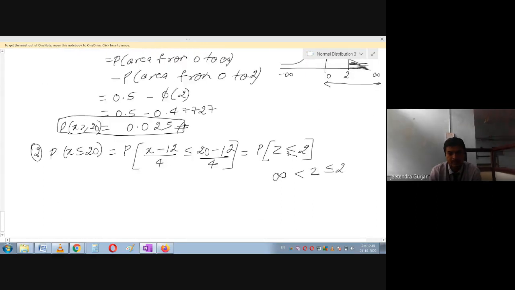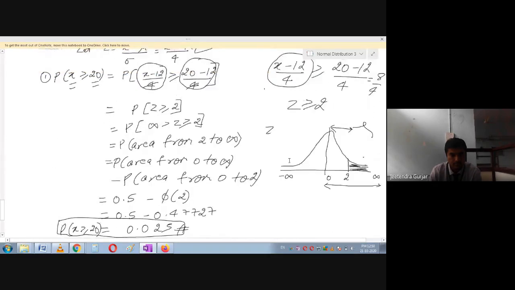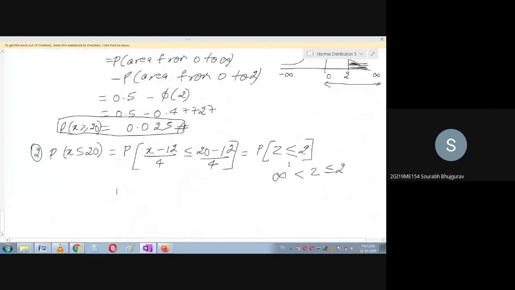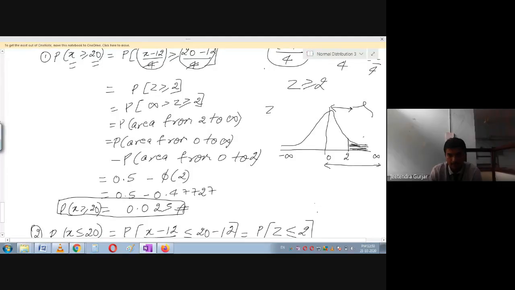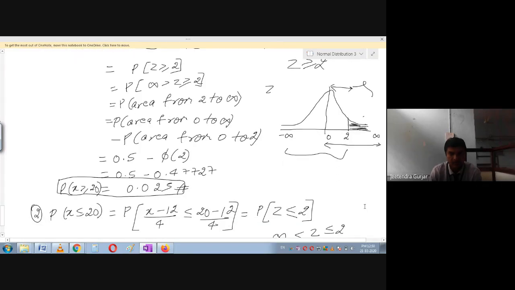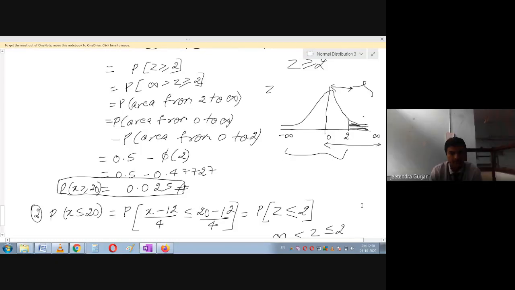Now you are going to calculate the area greater than this line. This full area we are going to calculate. Is it possible to calculate or shall I calculate? So is it 0.97725? Yes, correct.